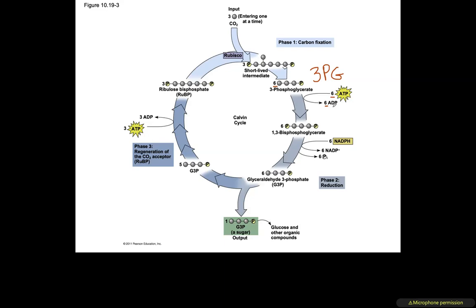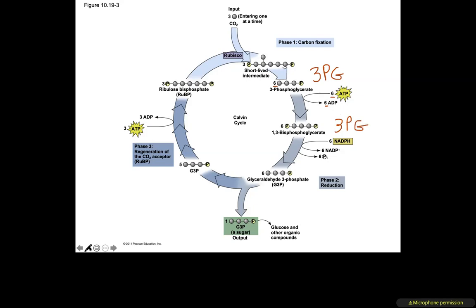All righty. I know this is a mouthful. Let's see what's next. Once they phosphorylate and drop off a phosphate, they become a new molecule. And they become 1,3-bisphosphoglycerate. But I want you to see something fun. Look at this. Remember, it was a 3-PG. Watch this 3-PG.